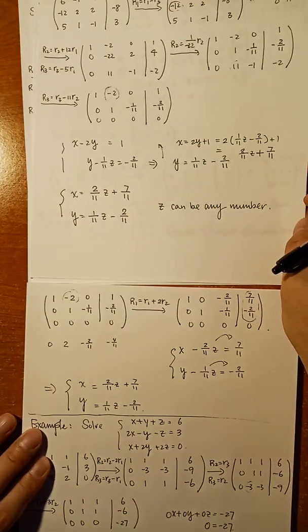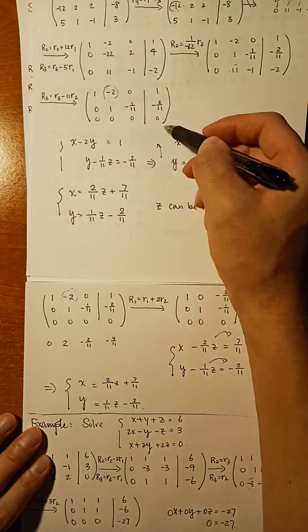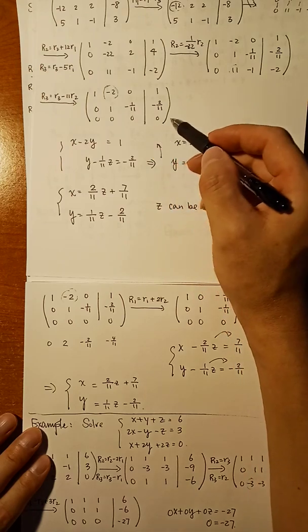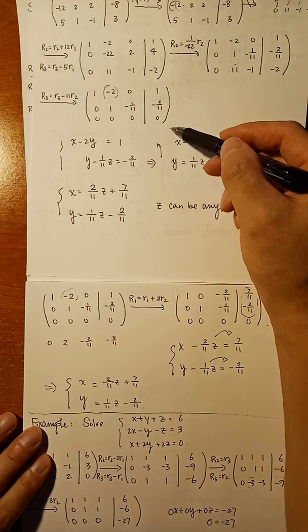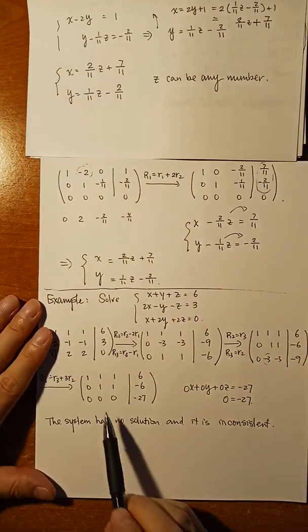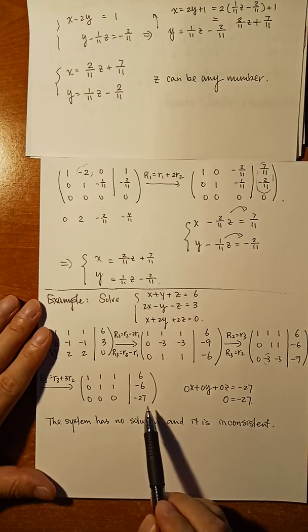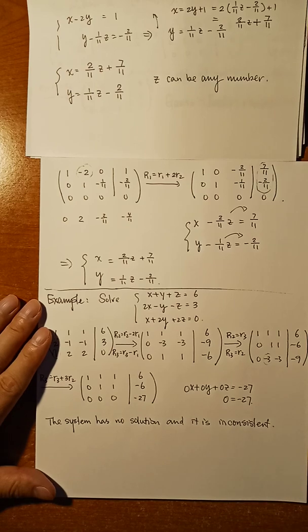Okay, so if you have all zeros in all entries of the last row, then this is dependent consistent. If all left entries are 0, but the right entry is non-zero, it's inconsistent.